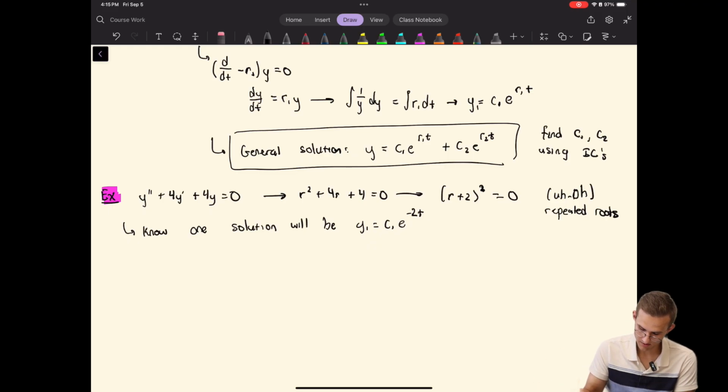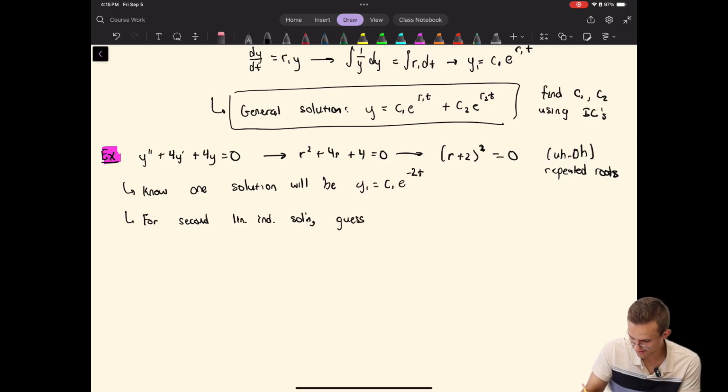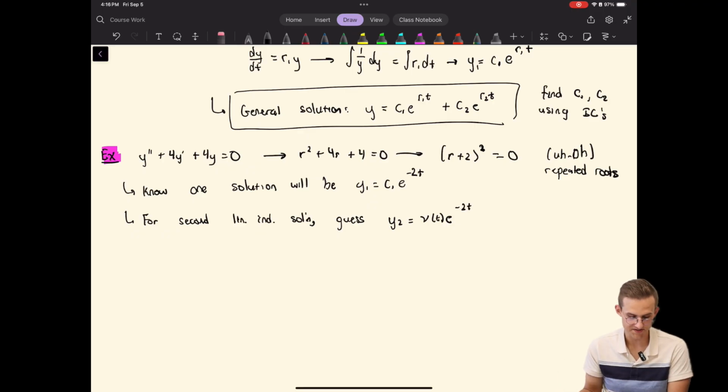For a second linearly independent solution, guess y2 is equal to some function nu of t times e to the minus 2t. Then we'll sub that into the original equation to find nu of t.